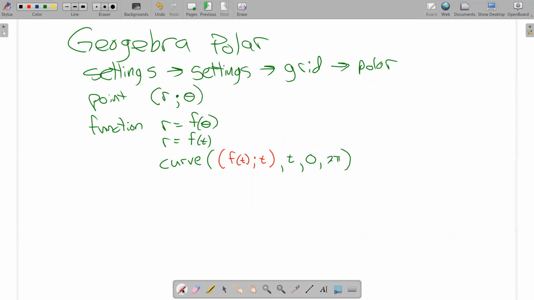So again, important things here. This is the end angle. This is the start angle. Here I'm confirming the independent variable. And then this part here, the first thing has to be a polar point.